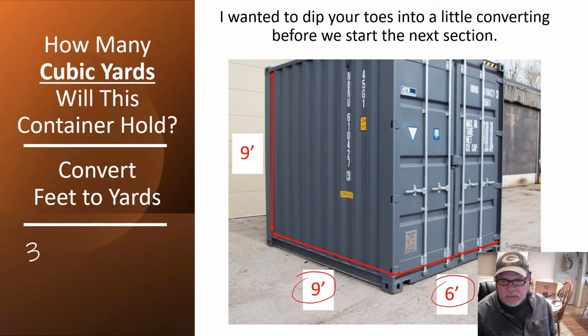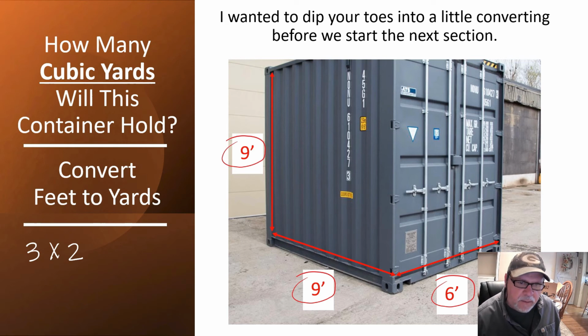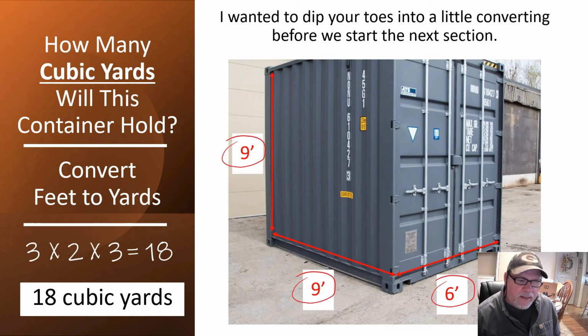Then we look at 6. 6 divided by 3 is 2. Then we've got 9 feet high. Convert that. 3. So 3 times 2 times 3 is 18. So what does that container hold? 18 cubic yards. All this is going to be important.